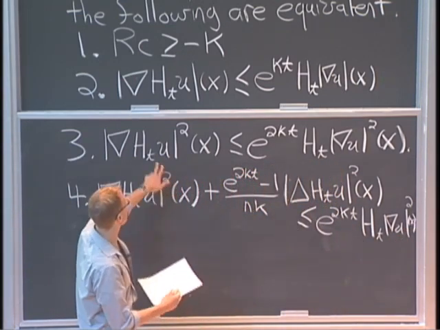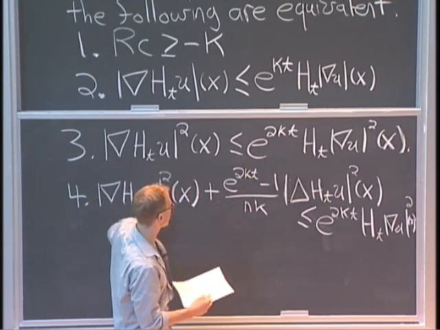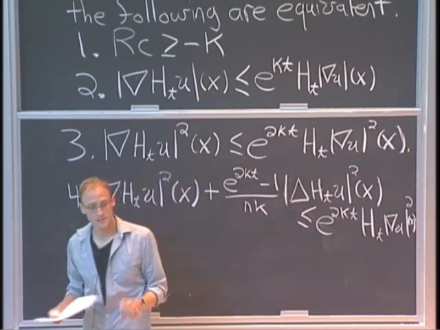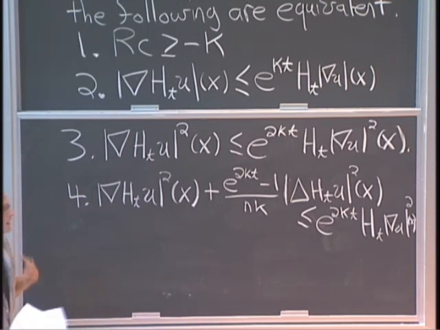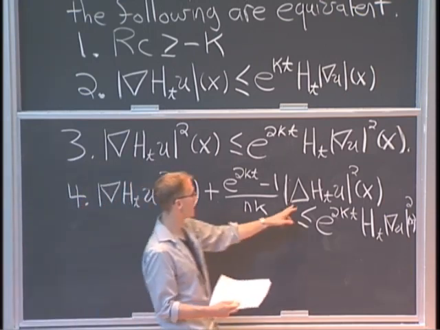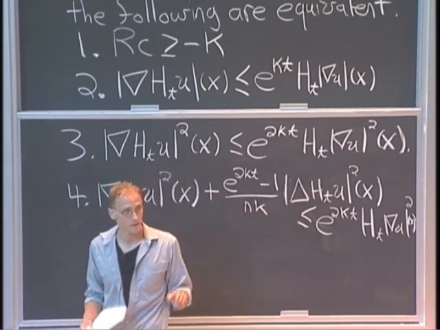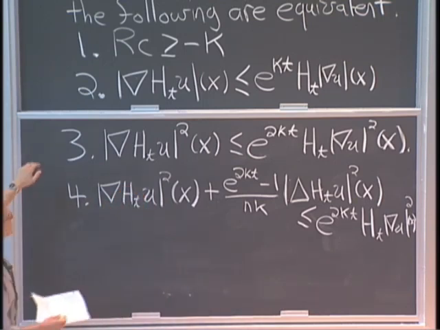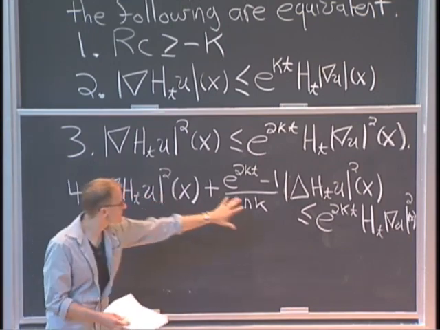It's saying not only is this bounded by this, but in fact this plus the square of the Laplacian of the thing is bounded by this. So it's saying after we flow by the heat flow, not only is the gradient bounded, but the Laplacian's uniformly bounded as well.